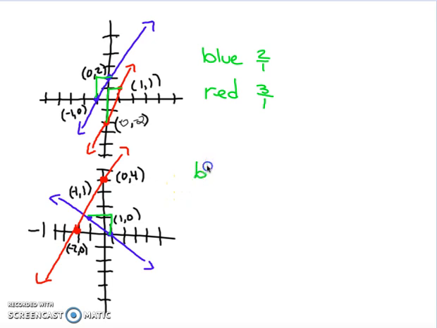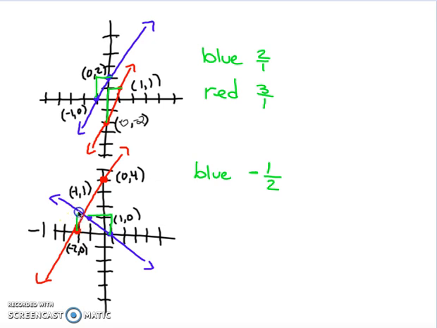So for blue, we could write it as negative 1 over 2, because once again we went up 1 and then over 2. The red one, I make my staircase here. I can go up 4 and over 2.